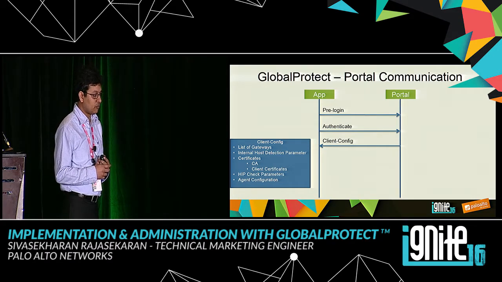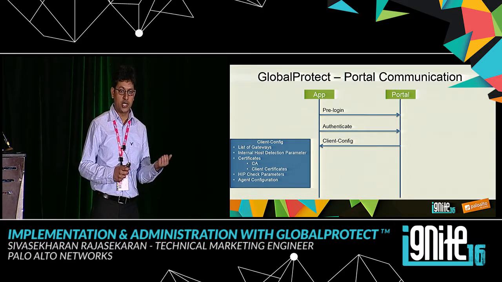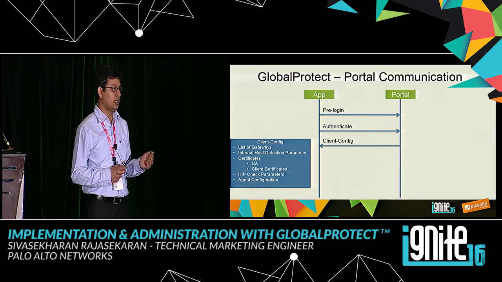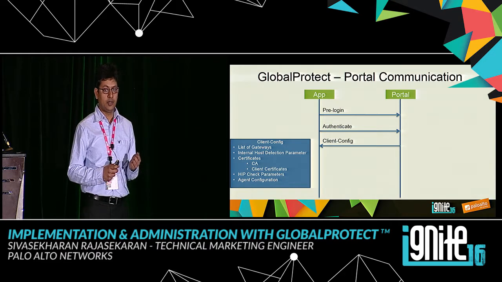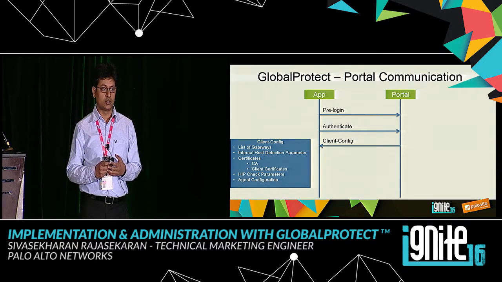And what does a client config include? It includes a list of all the gateways. It includes gateways that are internal. It includes gateways that can be external. And it also includes something called an internal host detection parameter. That's the parameter that the endpoint would use to identify whether the client or the endpoint is in an internal network or in an external network.